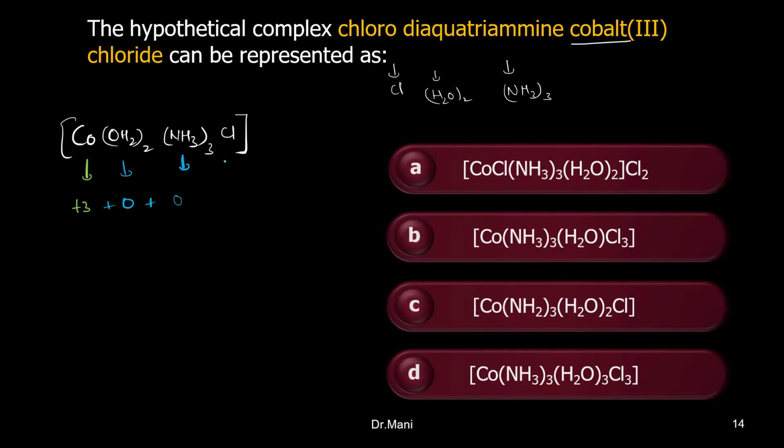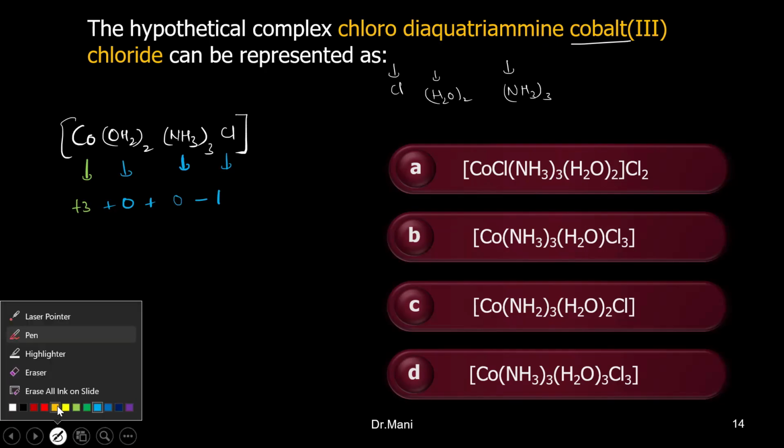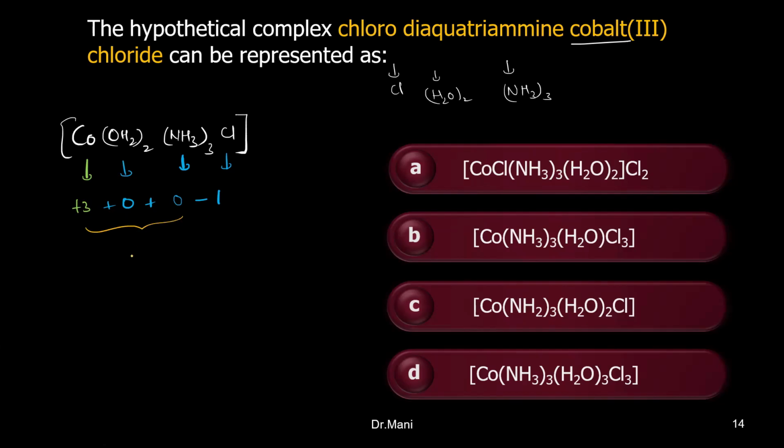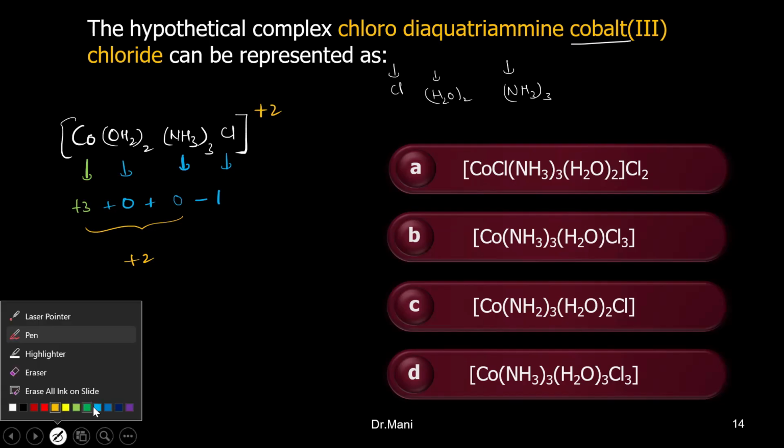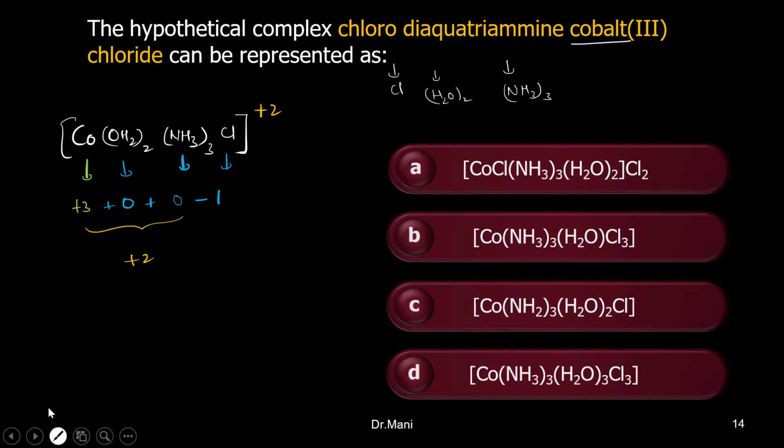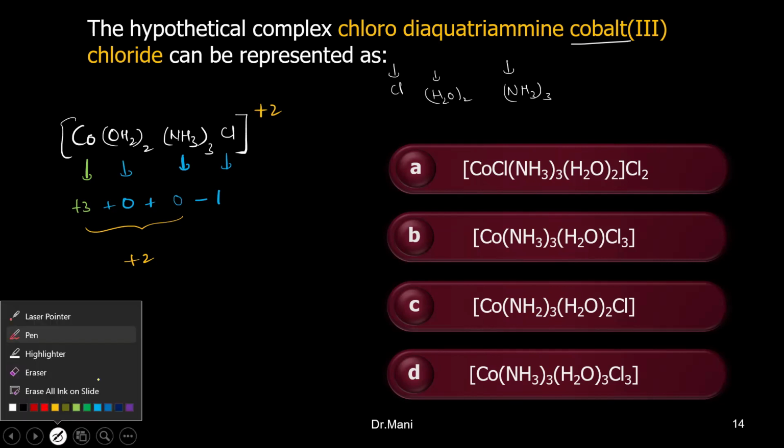And what will be the charge of the chlorine? -1. Okay. So tell me, what is the net charge? Plus 2. So how many chlorines do I need here to balance this? 2, sir. So there will be Cl2.